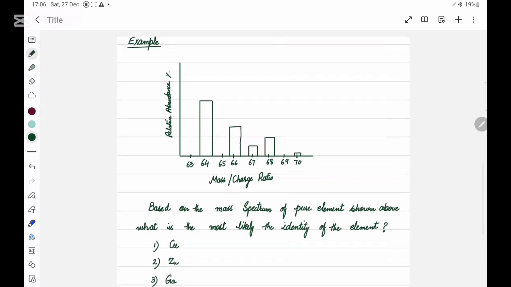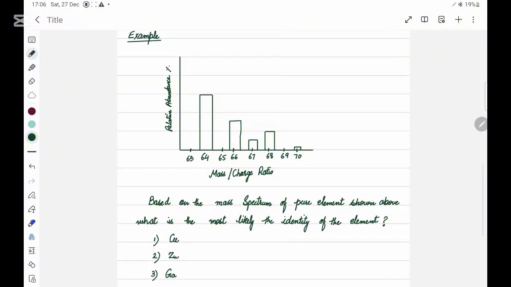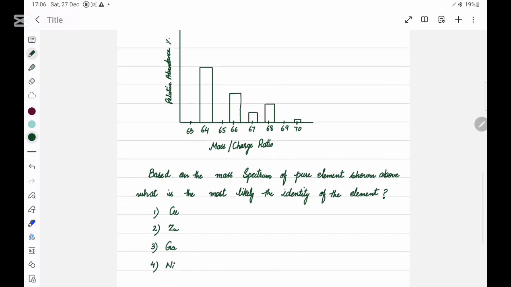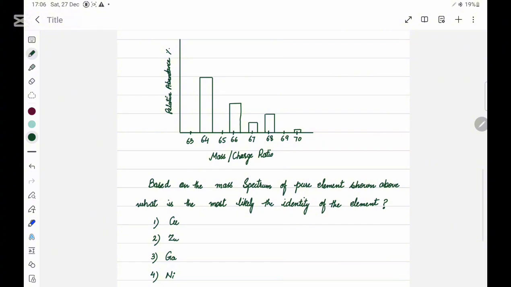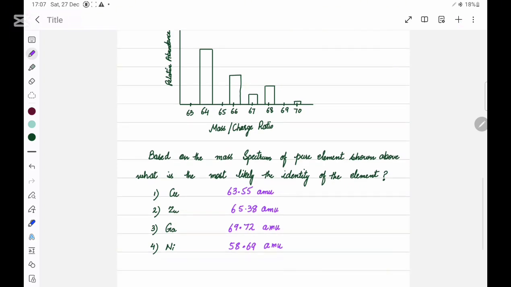Now there is a worked example, and they have drawn a mass spectrum with different values, and they want us to identify which element it is.